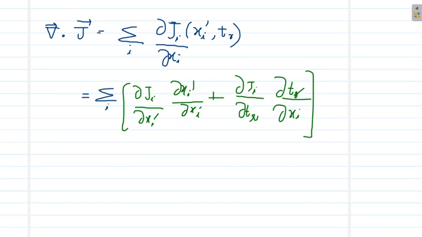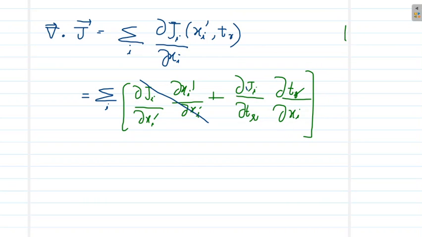So here we can see that in the first term we have dou xi dash by dou xi. Since xi and xi dash are independent of each other, this first term is actually 0. Only the second term carries, and in the second term we have dou ji by dou tr into dou tr by dou xi.